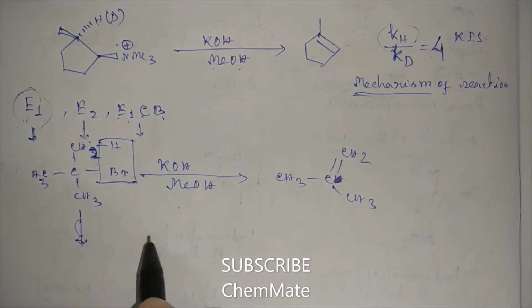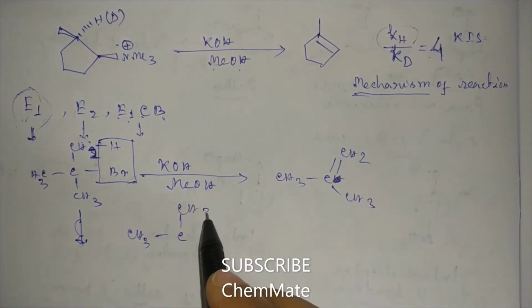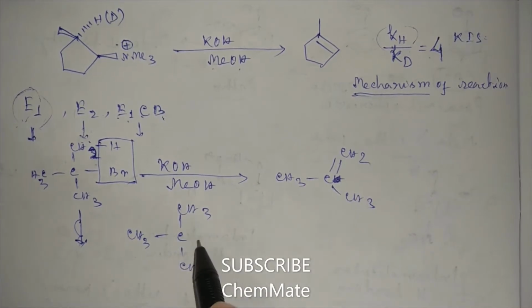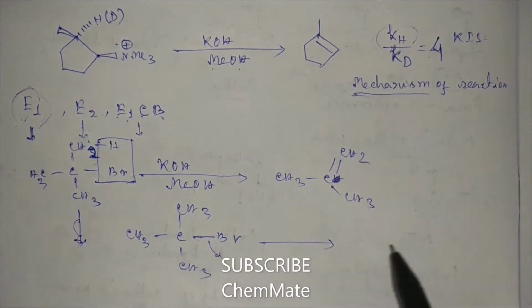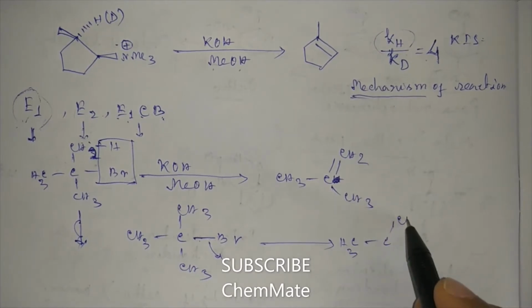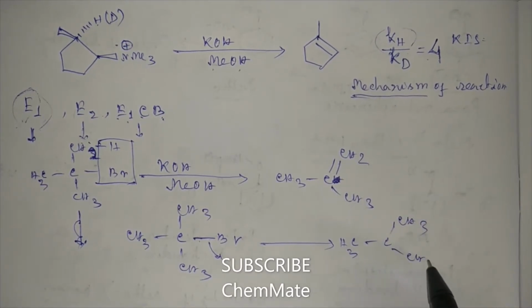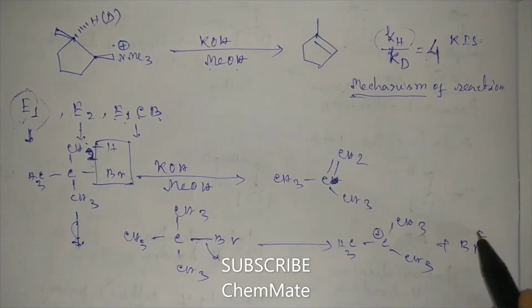it occurs in two steps. How will it occur? First, this C-leaving group bond will break to form a 3-degree carbocation plus Br minus.